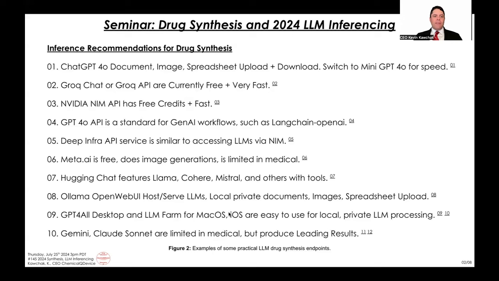Now, the other one, NVIDIA NIM. I've only used 50 credits and I was given 1,000, so it's still free for me. On the day that the Llama 3.1 405 billion parameter model came out, I ran my experiments, analyzed them, and submitted a report by midnight. That was Tuesday.